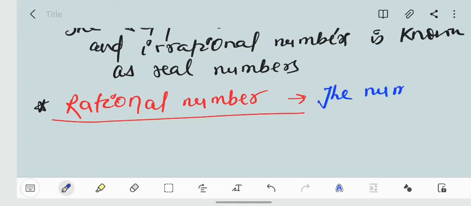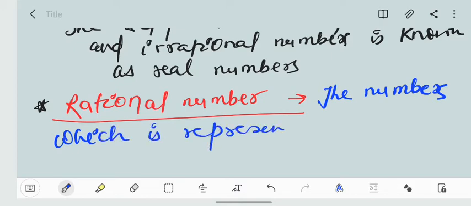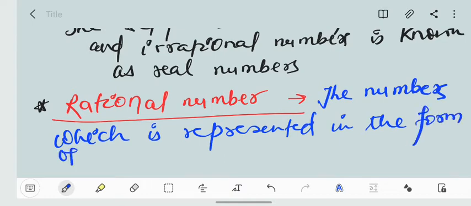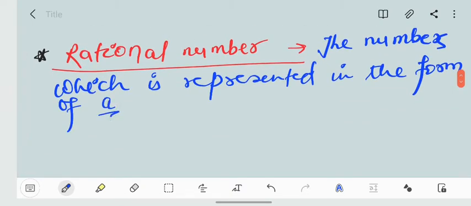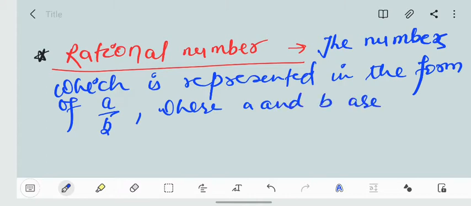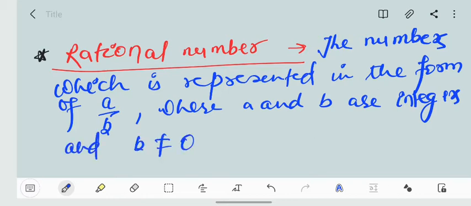The numbers which are represented in the form of A by B, where A and B are integers and B not equal to 0. That is, the denominator should not be equal to 0. That is called a rational number.